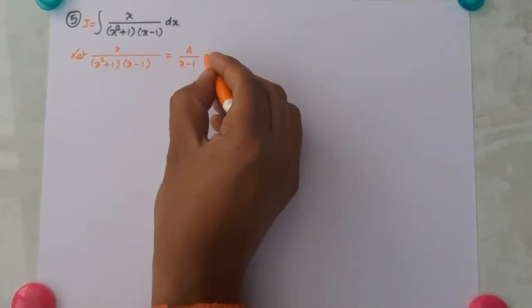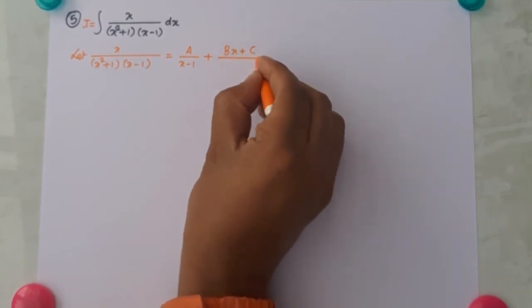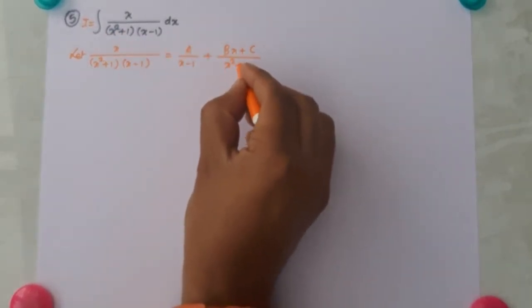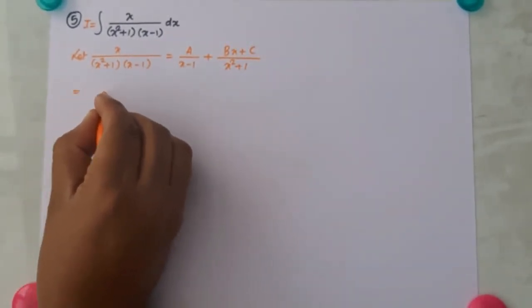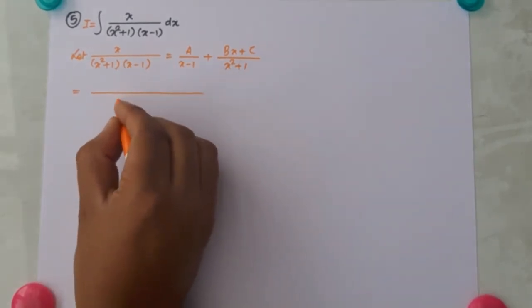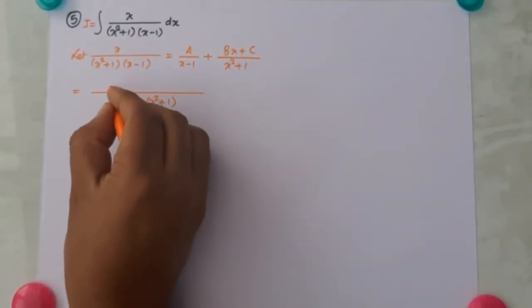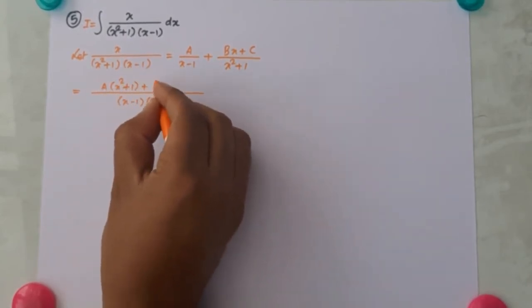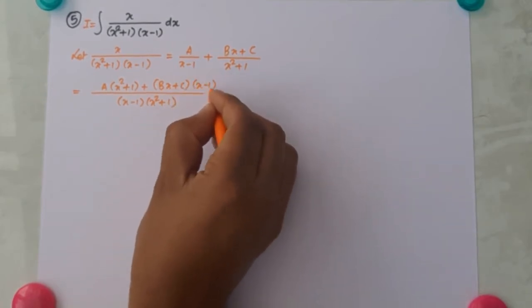Linear is x minus 1, plus bx plus c by the one which cannot be factorized, which is x square plus 1. Okay, now let's simplify this. So this can be written as x minus 1 into x square plus 1. So you get a into x square plus 1 plus bx plus c into x minus 1.